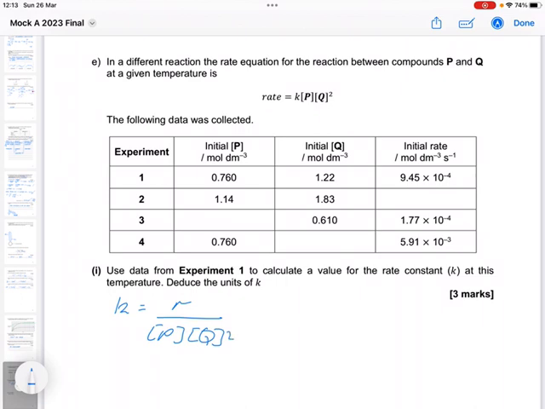I've only got one row that I can use here, and that's row 1. Putting those values in, 9.45 times 10^-4 divided by 0.76 multiplied by 1.22 squared. If you work that out, that gives you 8.35 times 10^-4.